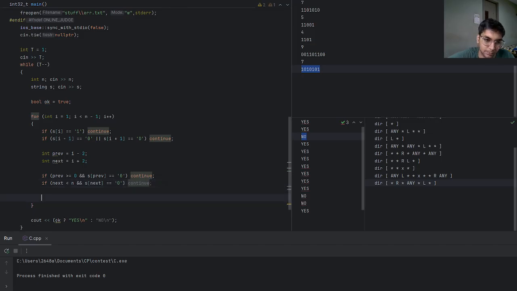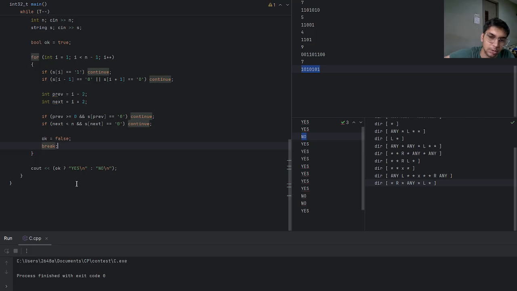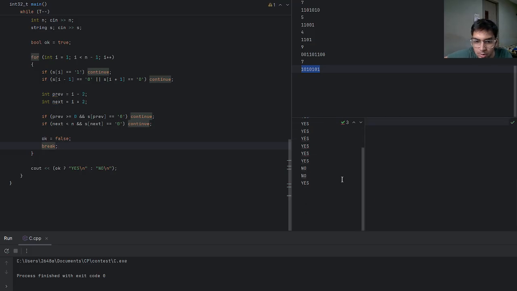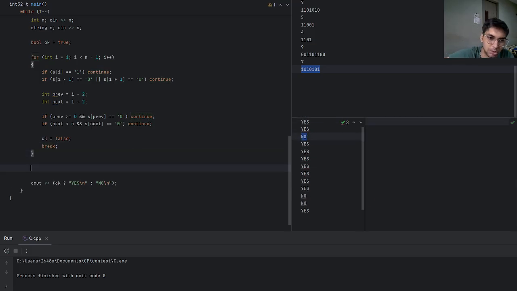Otherwise, false. Break. Right. So here it was giving the same answers, still giving the same answer. Now we just need to count apparently the number of these kind of occurrences, right? So how do we count this?